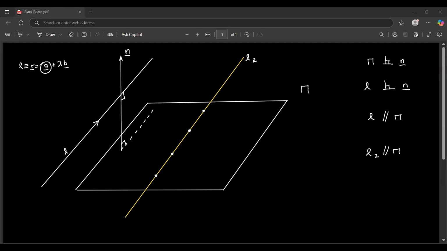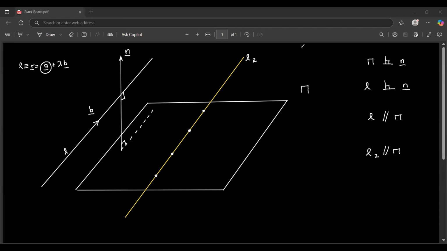a is the position vector of a point on the line, and b is the direction vector. If line L is parallel to the plane pi, that means the direction vector b is also parallel to the plane pi, which means n is also perpendicular to the given direction vector b.